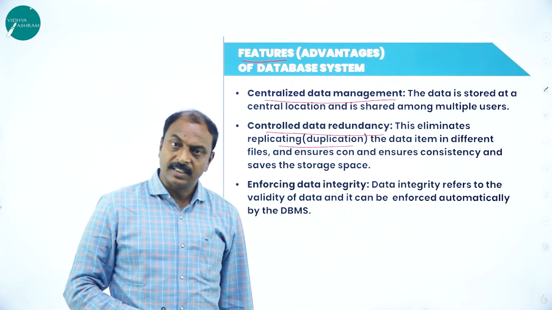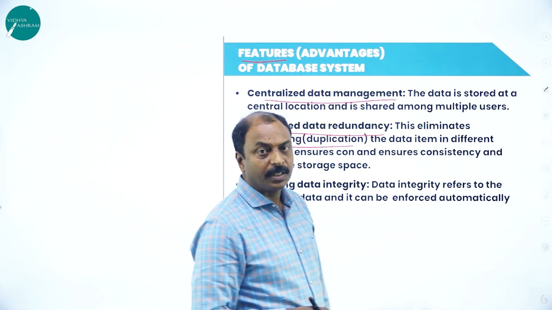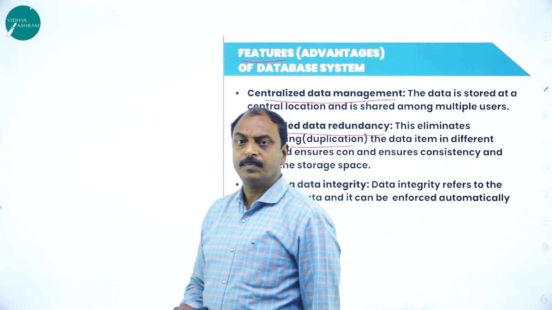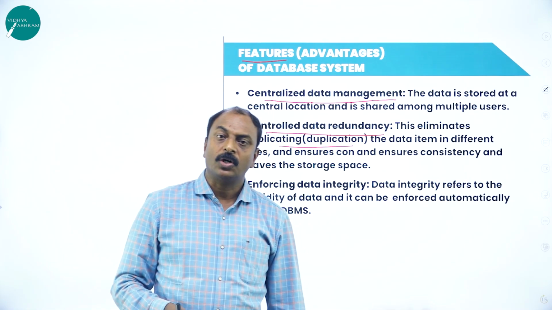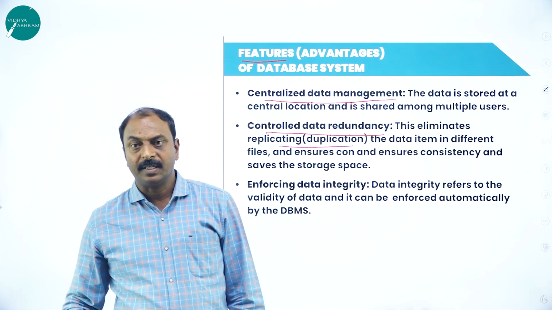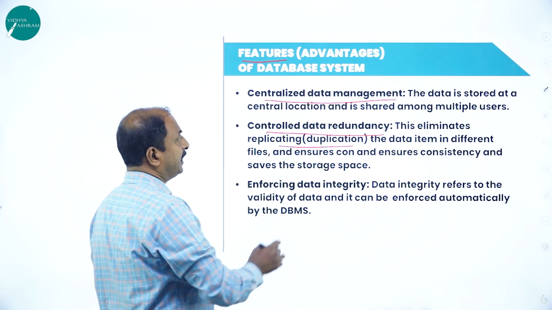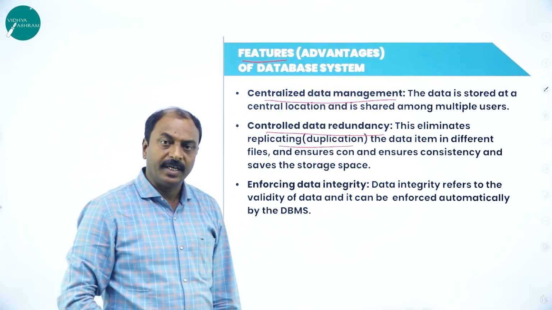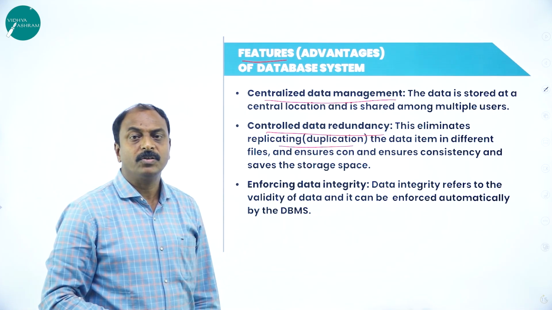Or take a student database in any institution or college: each and every student's data is unique, pertaining to only one student. So there is no question of duplicate entries in a database, and that can be avoided in DBMS. Data redundancy can be avoided, meaning data replication or duplication will be avoided.